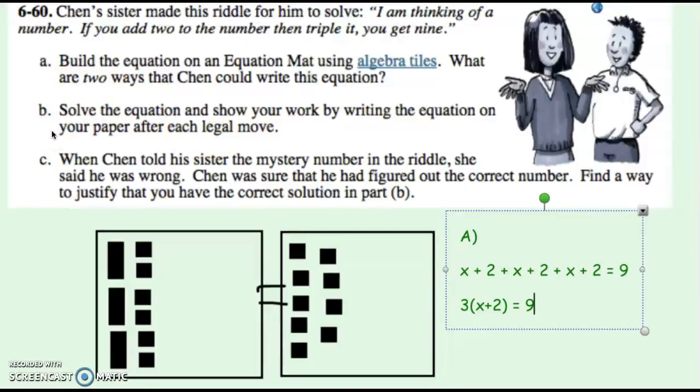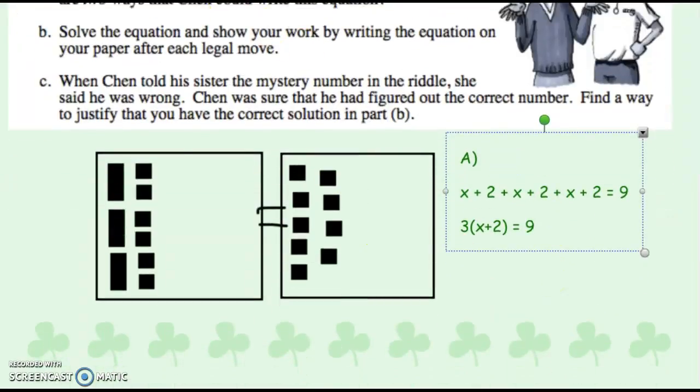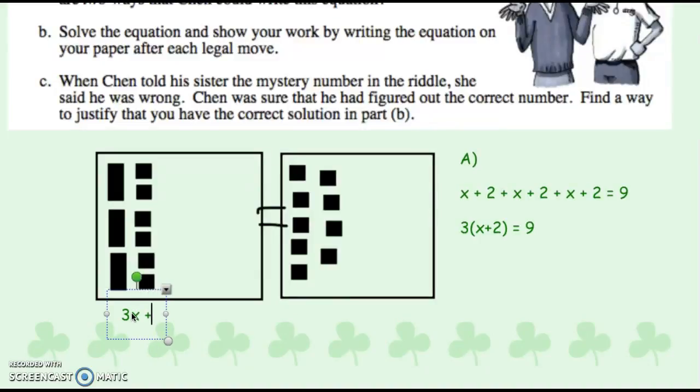B says, solve the equation and show your work by writing the equation on your paper after each legal move. So for this, I'm going to write my equations under here. So I'm going to have 3x, another way to write it is 3x plus 1, 2, 3, 4, 5, 6, plus 6, and that is equal to 9.